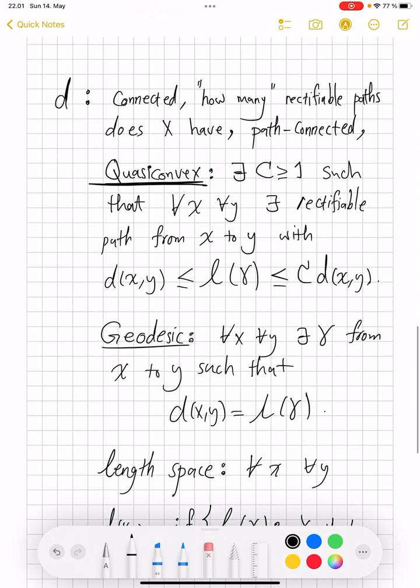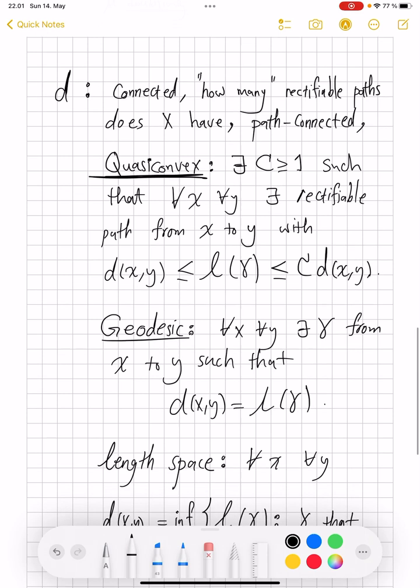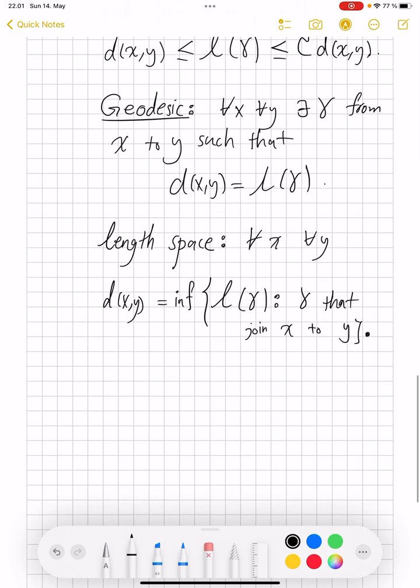Okay, so we're looking at a list of properties that concern only the distance on a metric space: being connected, having rectifiable paths, being path connected, being quasi-convex, being geodesic, being a length space.